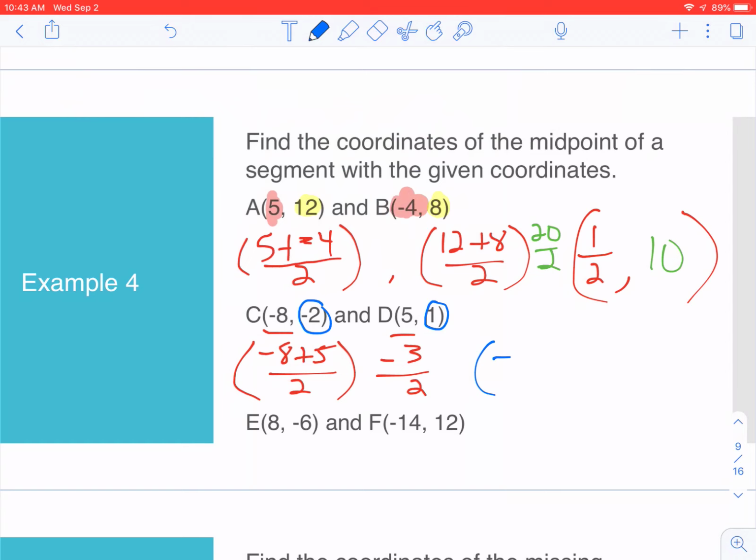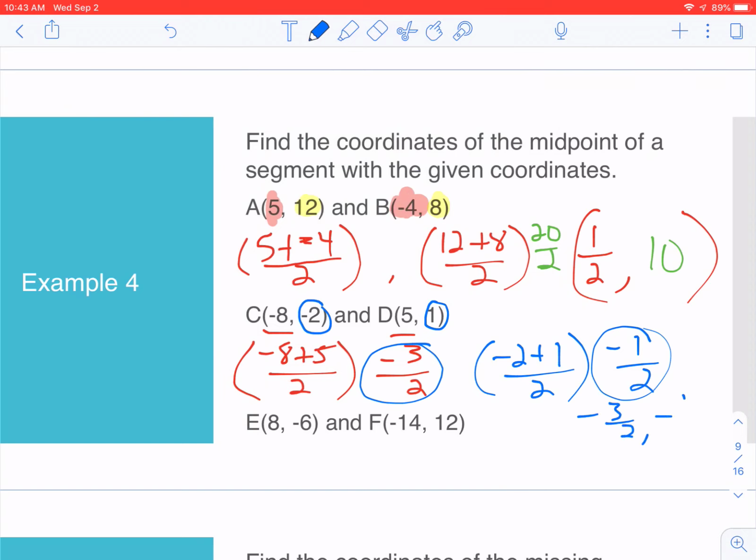Negative 2 plus 1 over 2 is negative 1/2. So my answer would be negative 3/2, comma, negative 1/2. Let's take one more example here. I'm going to have you guys try this on your own.